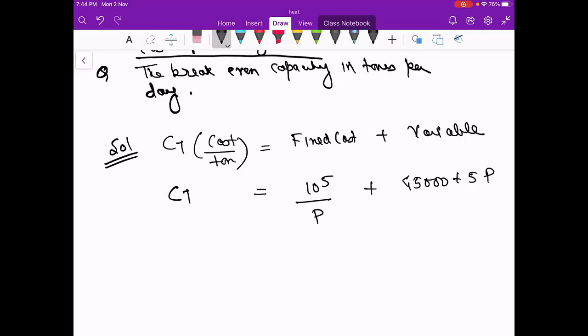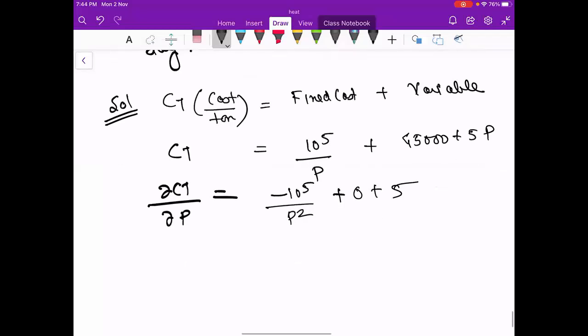Now you want the optimum, so just differentiate it. Everyone can do that; the main thing is forming this equation. Differentiating gives minus 10 to the power 5 by p square plus 0 plus 5.